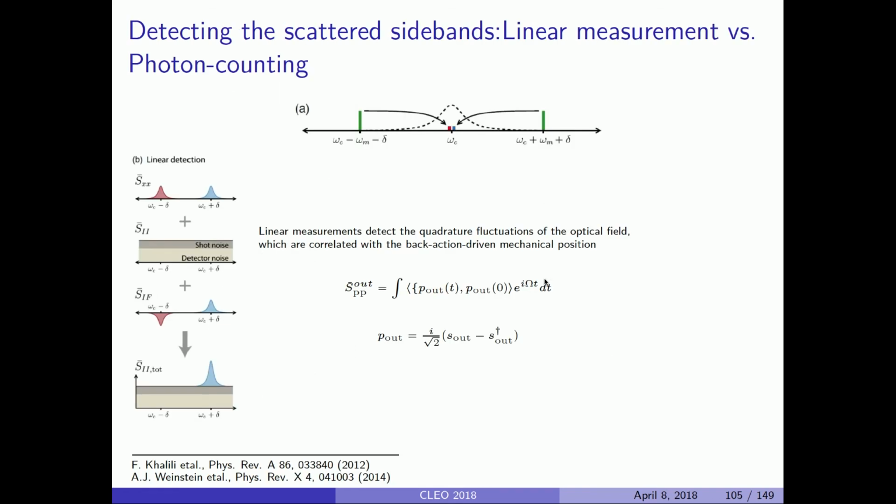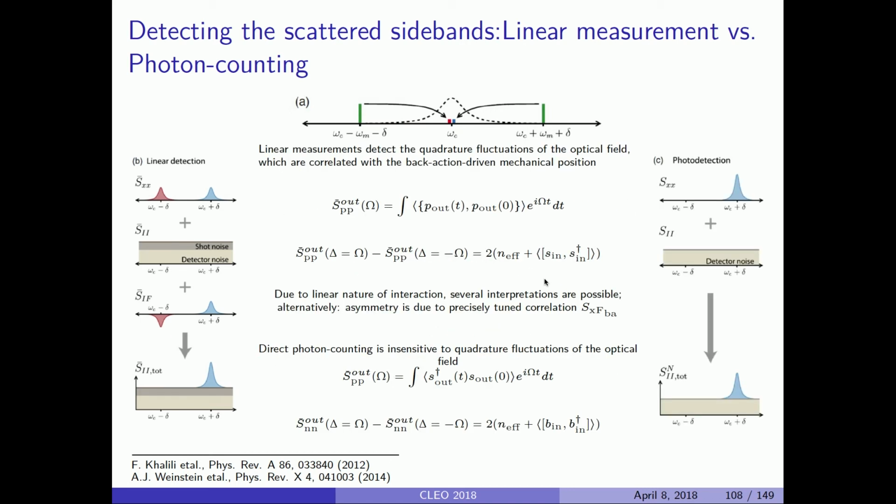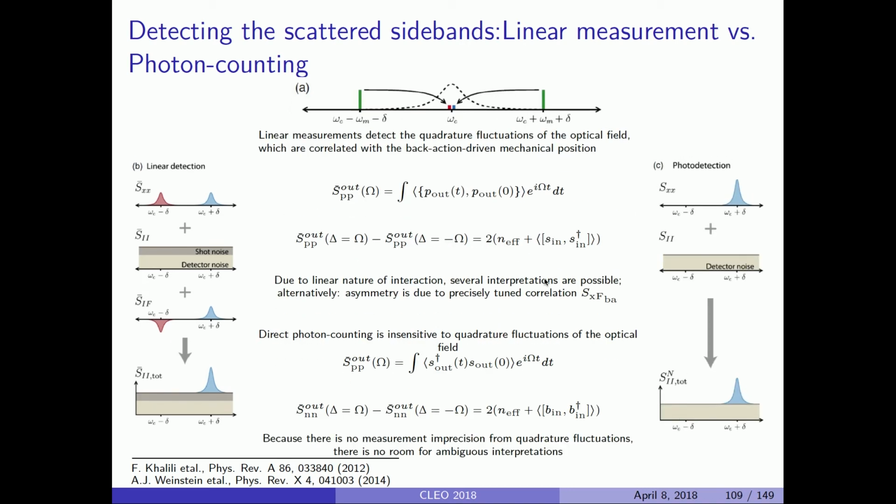So just a quick comment. This is more for some experts. You can also ask yourself, where do these asymmetries of a mechanical oscillator actually come from? These are really more details, but I want to get the main idea out. This Stokes anti-Stokes scattering, where it comes from depends on what measurement you're doing.